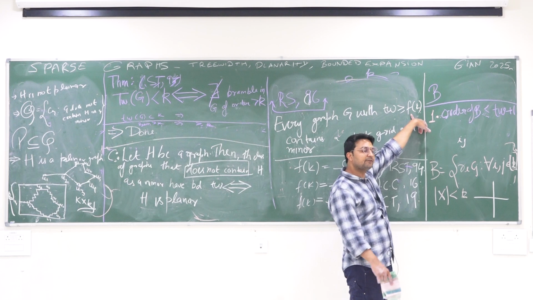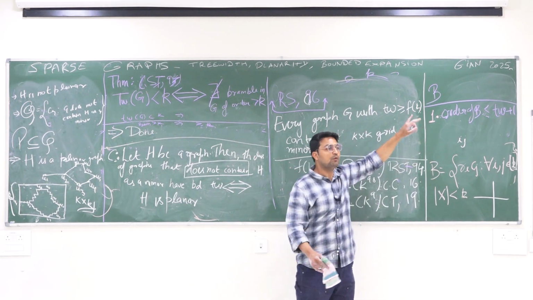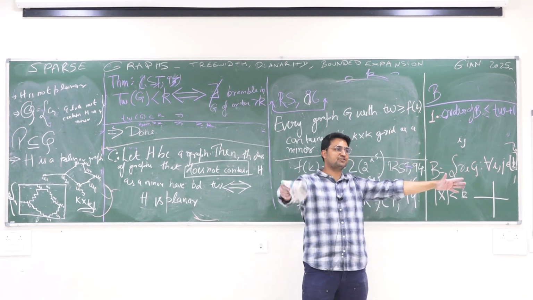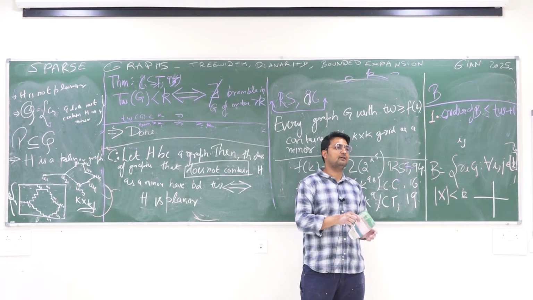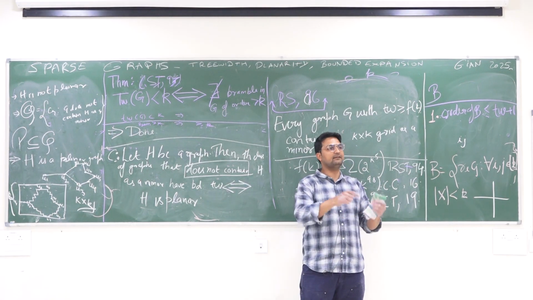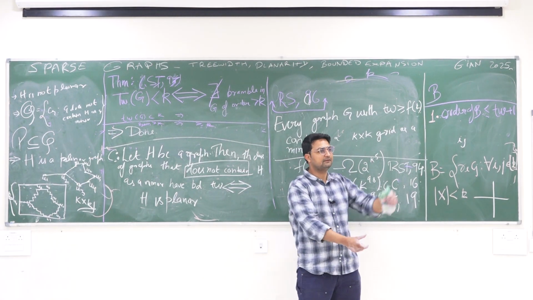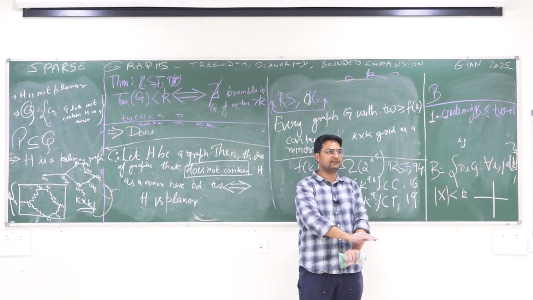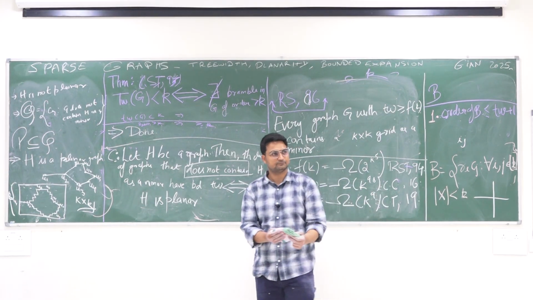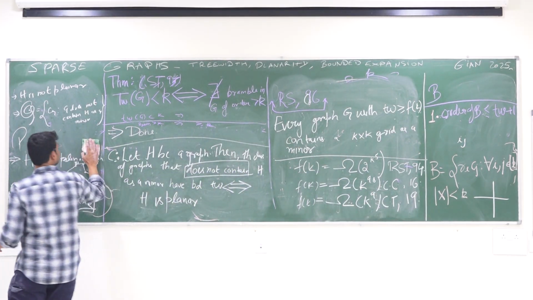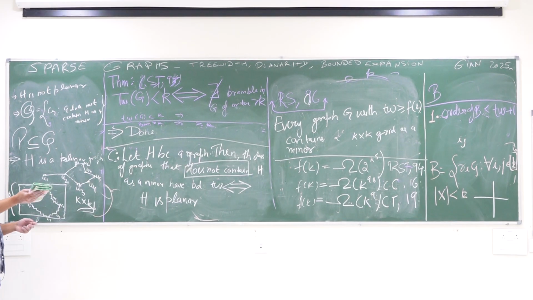So your tree width is bounded by some function of k, and your k is a function of H. Since H is a fixed graph, this k is fixed and hence your tree width is bounded. So by contrapositive, if it does not contain k cross k, then tree width is less than k. Yes, sir.